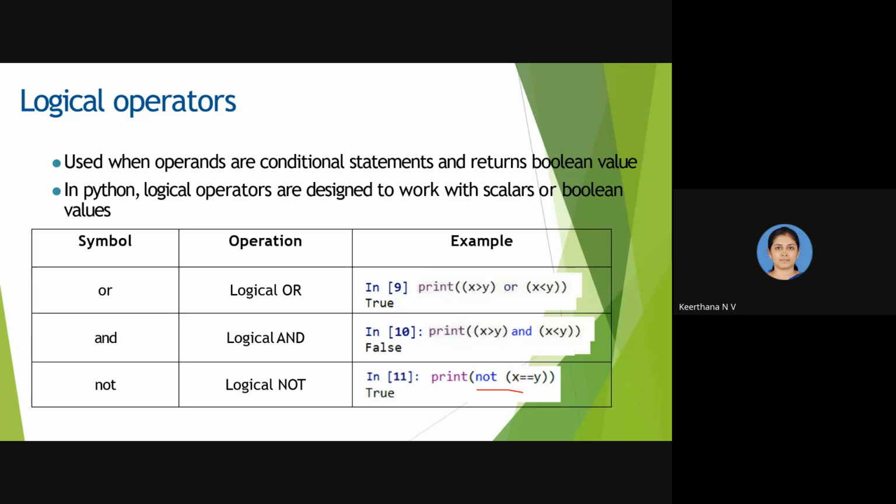That is, not x equal to y will be true, because the condition x equal to y is false. By putting the not here, it reverses the output, so that's why it is printing as true. So we are going to see this logical operator execution in Python IDLE.